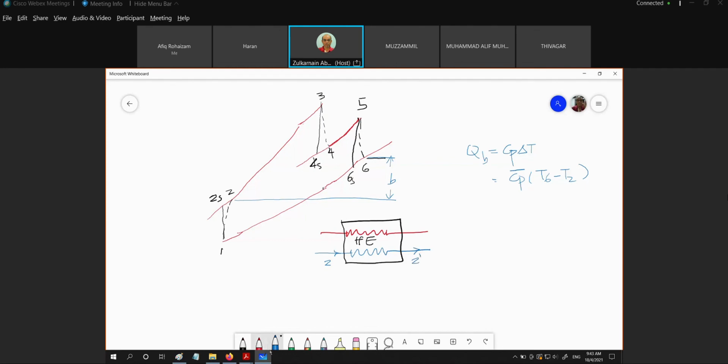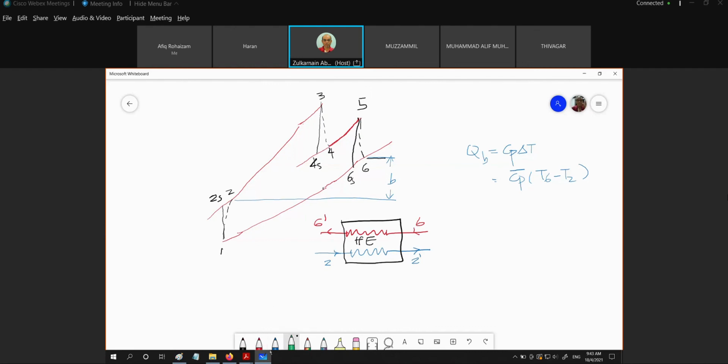Okay, and then let's say for the hot gas, we are going to put in right here 6, and right here, let's say, 6 prime, the actual exhaust gas.